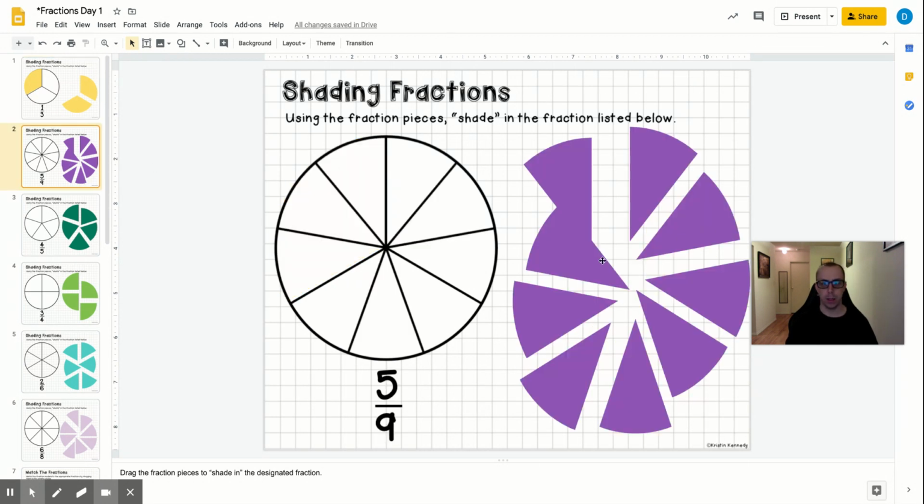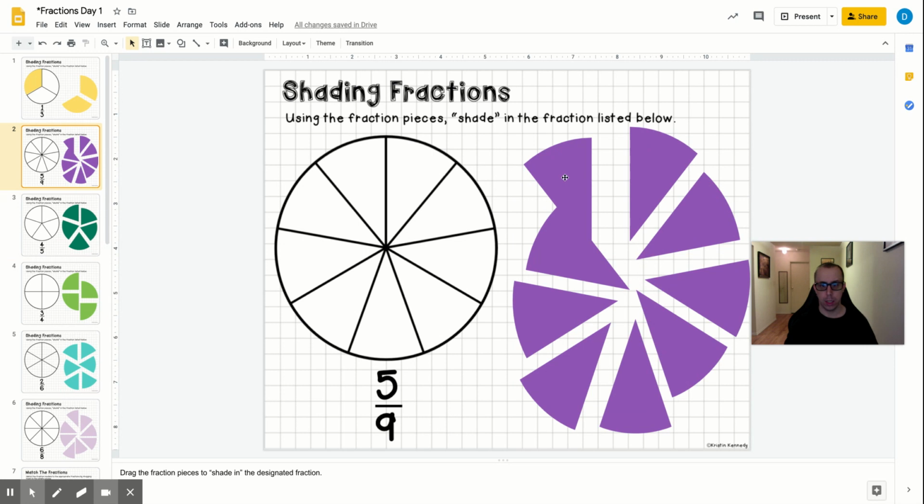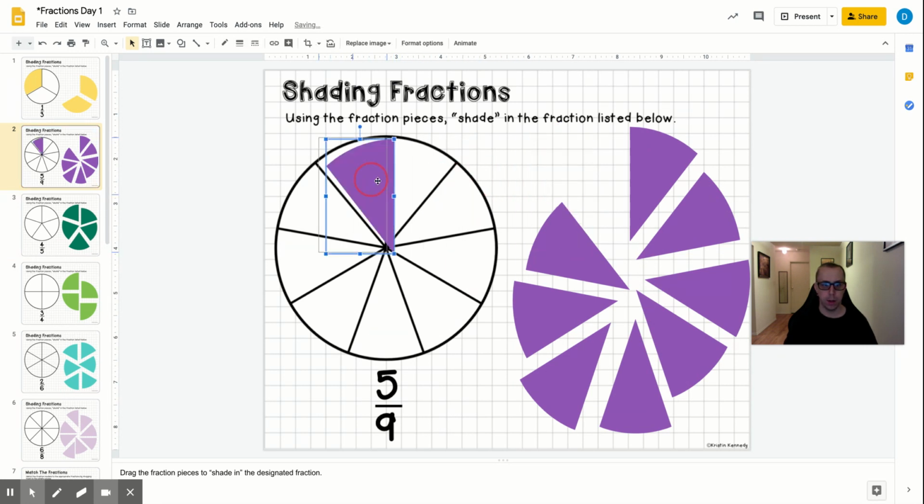So if you look here, now for this shape, you have to drag the number represented in the numerator. That's the number of shapes you are going to drag, and then 9 is the total. So when you drag these shapes, you have to drag it to the one where it belongs.